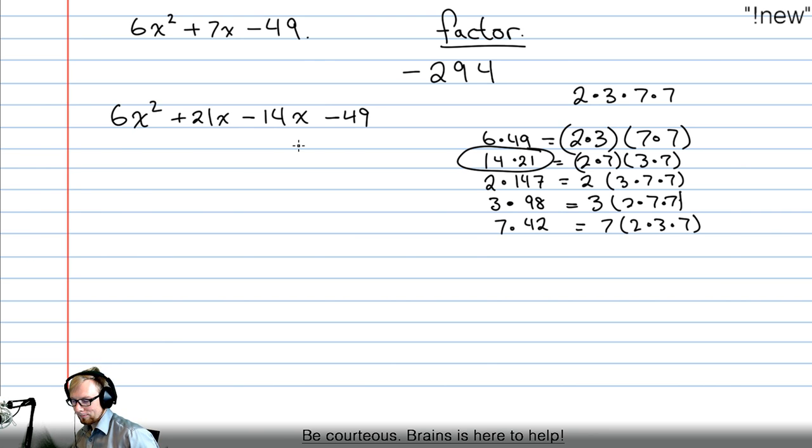Okay. What's your group? What's your factors? Give me 1 second. You don't have any factors for the first one. 6 and 21? Oh, you have 3.